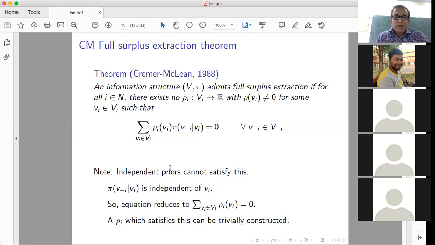So it is pointing to some kind of a "full rank" condition on these priors. I'm putting full rank in quotes because it's not exactly a full rank condition, since the number of constraints might be more than the number of variables, and so on and so forth.